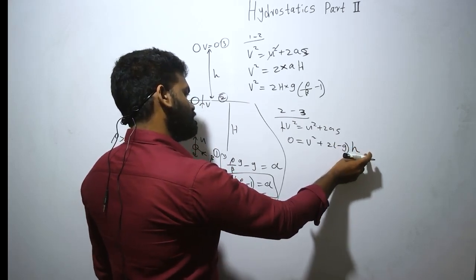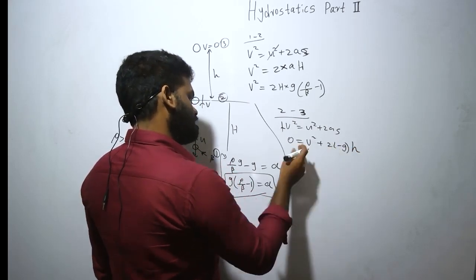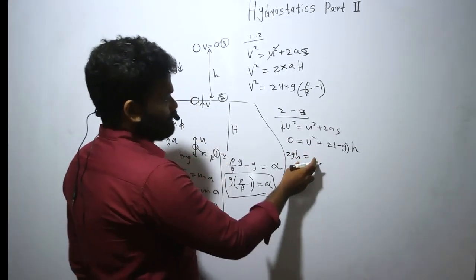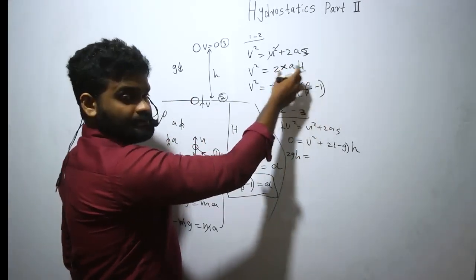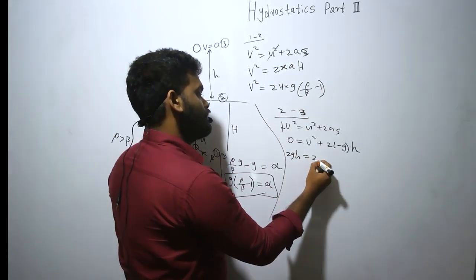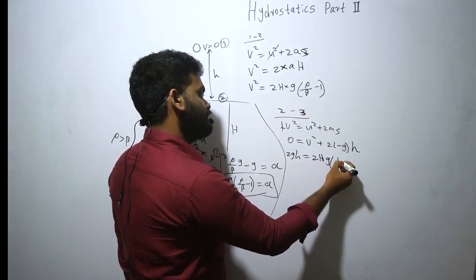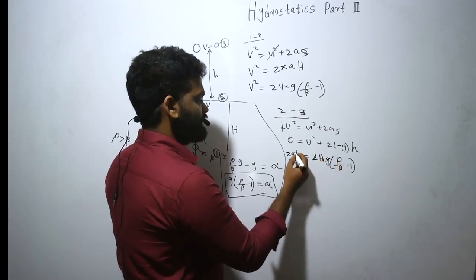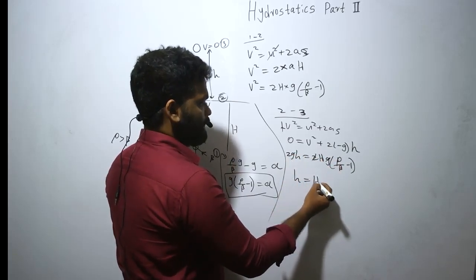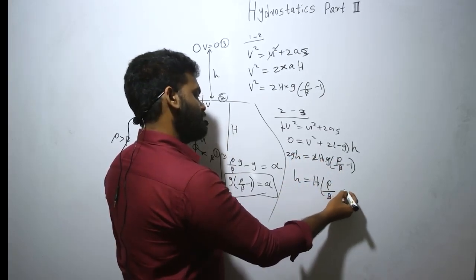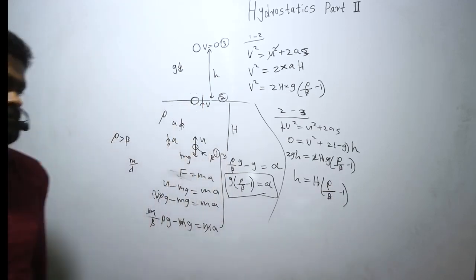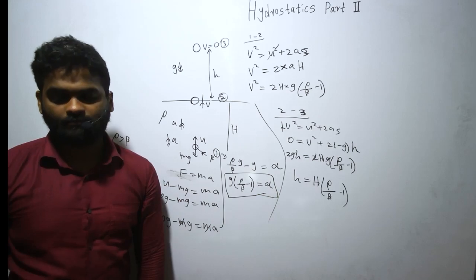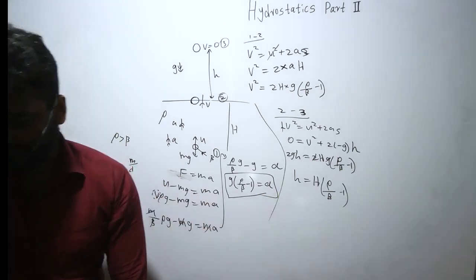This simple h is what you need to find. Take this to the other side, so 2gh equals v squared. We already have a term for v squared, this term. So that is 2Hg rho divided by beta minus 1. So this 2g cancels off, so h is equal to capital H rho divided by beta minus 1. Okay? Rho divided by beta minus 1 times capital H. So that's the answer there.